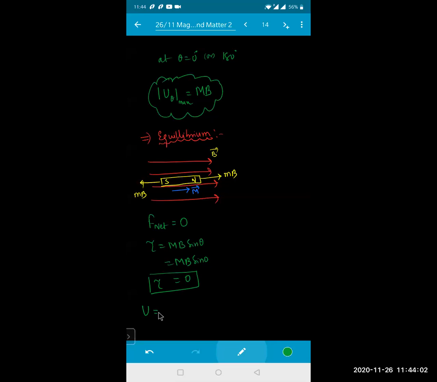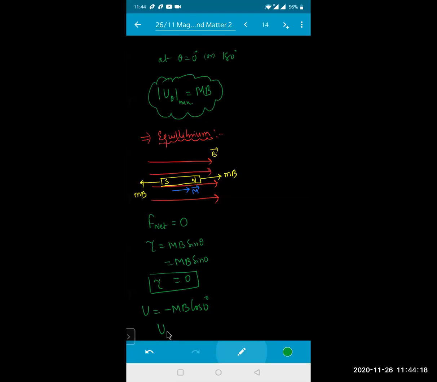Energy will be equal to U equal to minus mB cos 0 degrees. So U equal to minus mB cos theta.